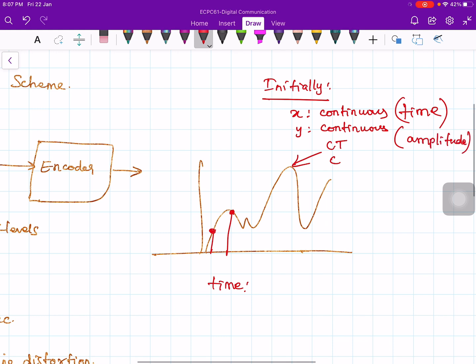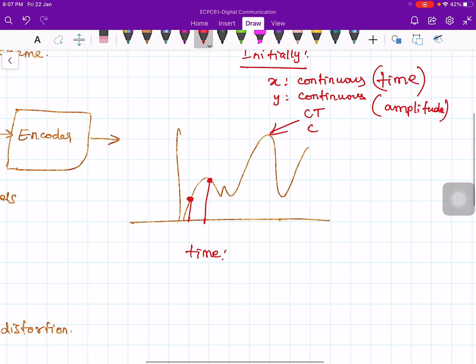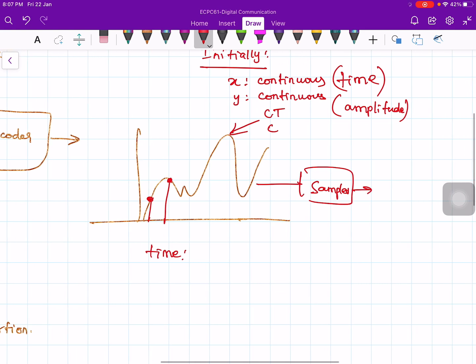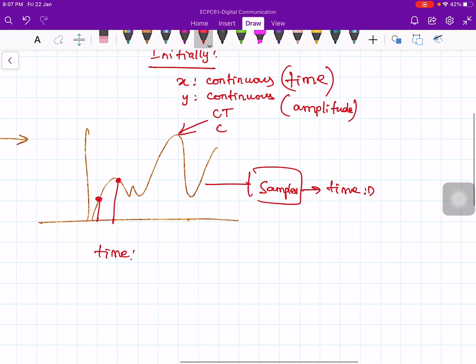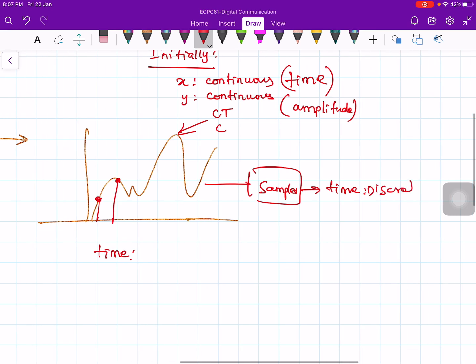The moment you do the sampling, if you pass it through the sampler, then time will be discrete. What about the amplitude? Amplitude is still continuous.